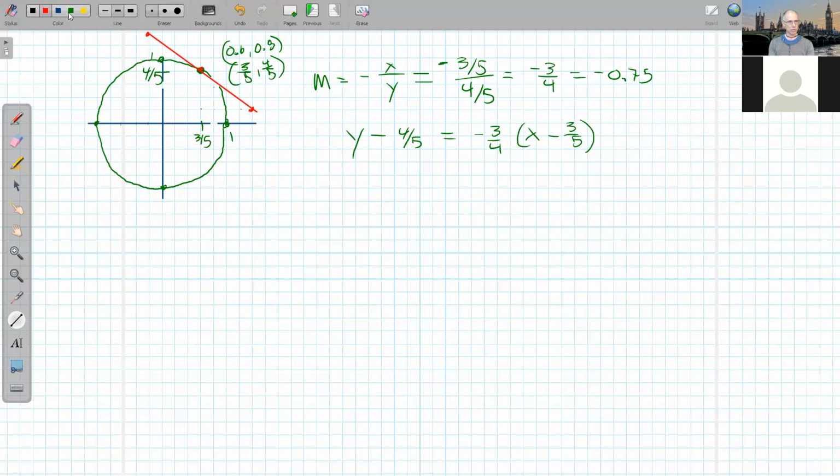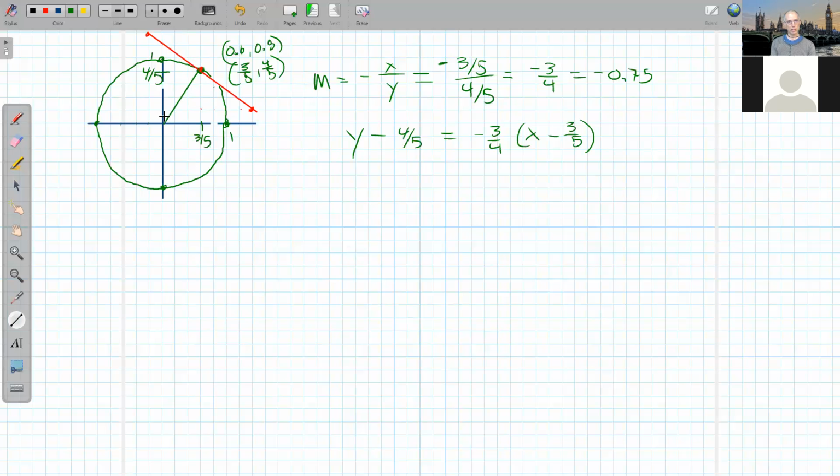A note here, which is kind of interesting, is that from the origin to that point, that line should be perpendicular. Tangents on a circle are perpendicular to the radius there, and those look pretty perpendicular. Right?